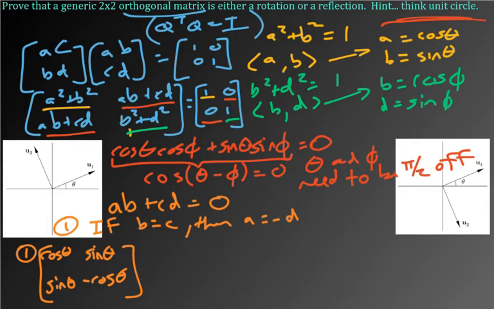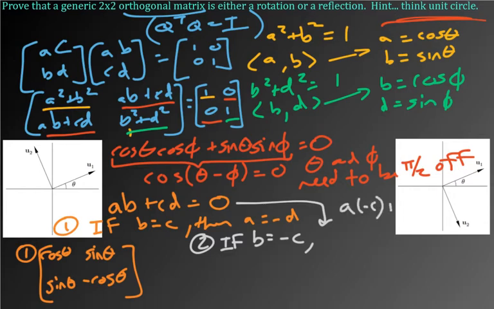Another case, from this identity also: if B equals negative C, then you're getting A times negative C plus CD. Take a C out, and you get D minus A equals 0.